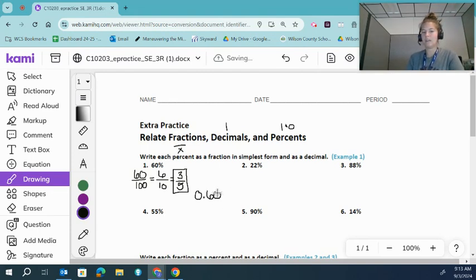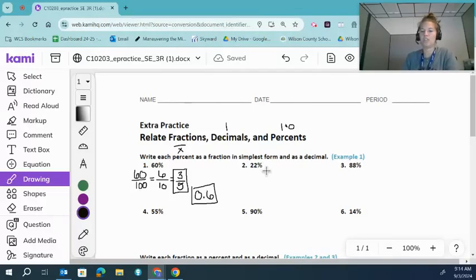And because there is a 0 in the hundredths place, we actually do not need that. So we are going to delete that 0, and it's just 0.6, which we can see 6/10 here. So fraction and decimal. All right, let's do another one here.